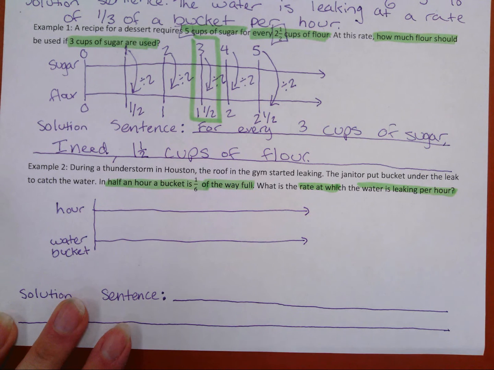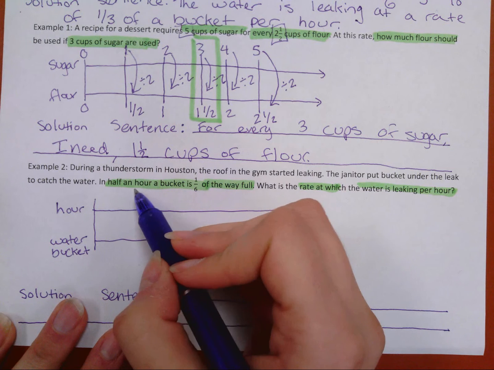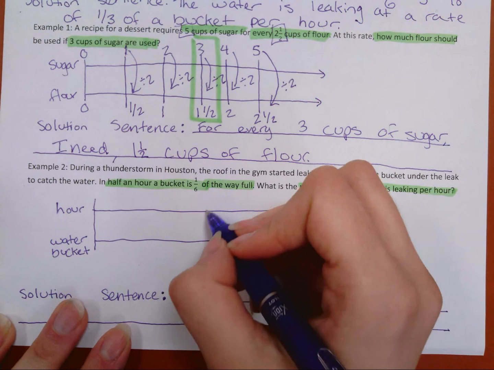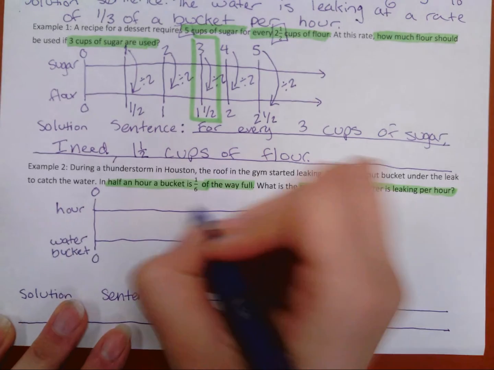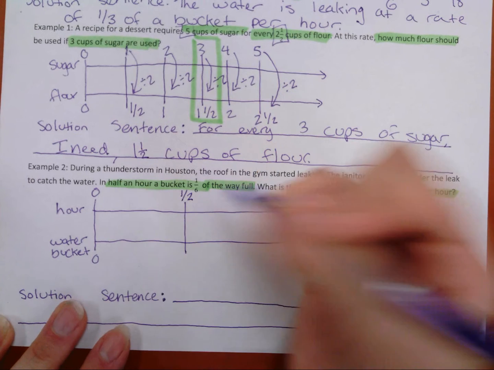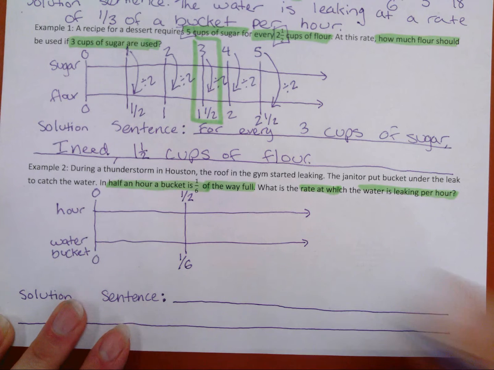Okay, so now I can fill in my important information. They gave me that half an hour, the bucket is 1/6 of the way full. So I'm going to label first my 0 and 0, and then half an hour. And the water bucket is 1/6 of the way full.